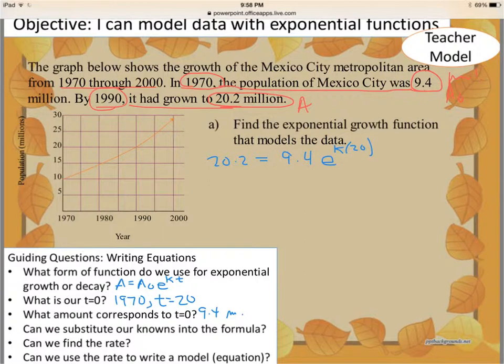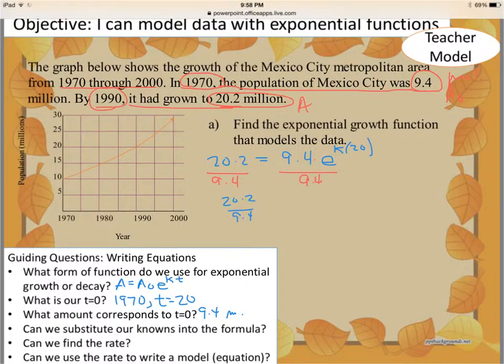We started by isolating the base. Our base is e, and right now it's being multiplied by 9.4. So let's isolate it. Let's divide. So I get 20.2 divided by 9.4.